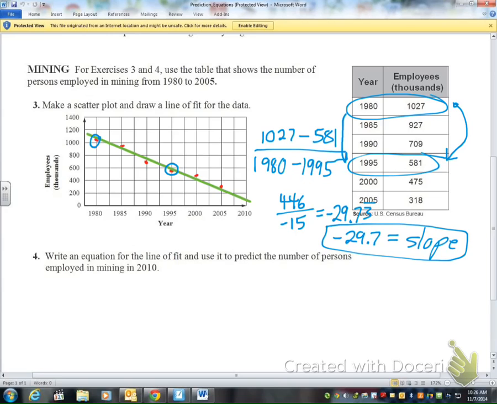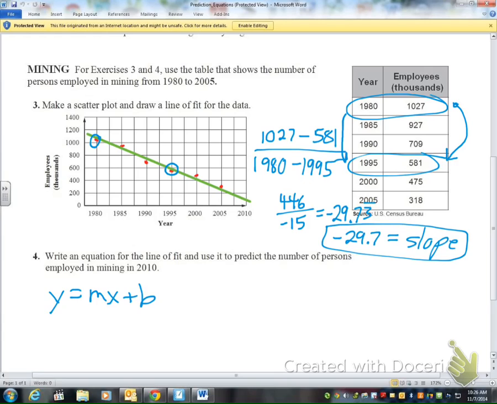So that is my slope, right? Now, once I have slope, I can use y equals mx plus b, and I can plug in my slope, and I can plug in an x and a y value.